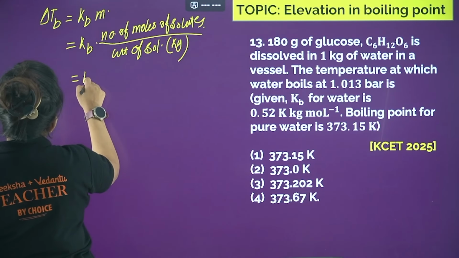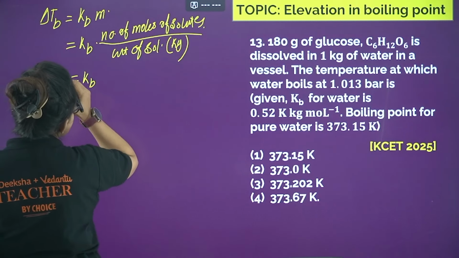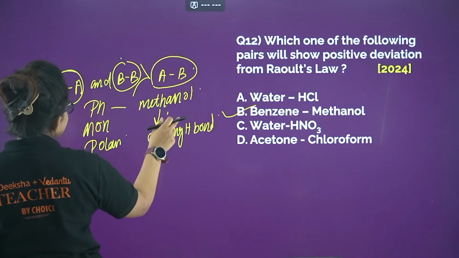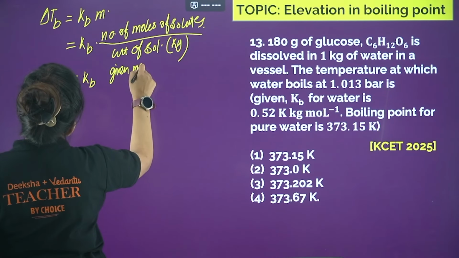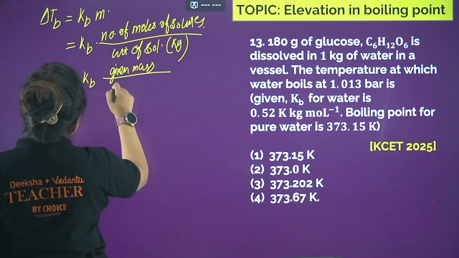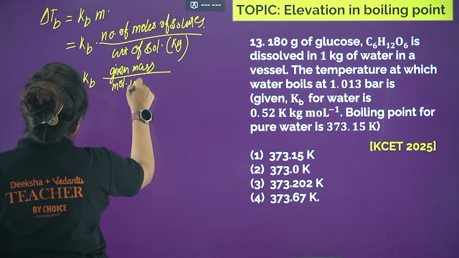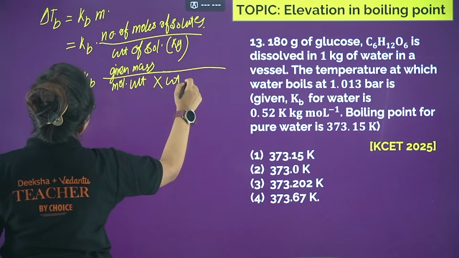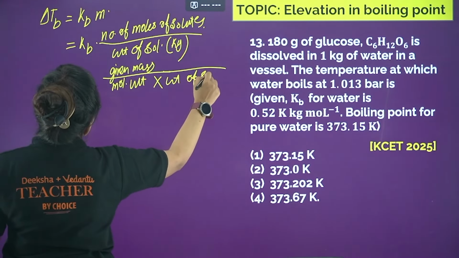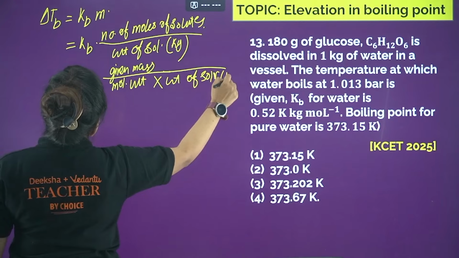Now how should I break down the number of moles? That is the given mass divided by molecular weight, into the weight of the solvent in kg.